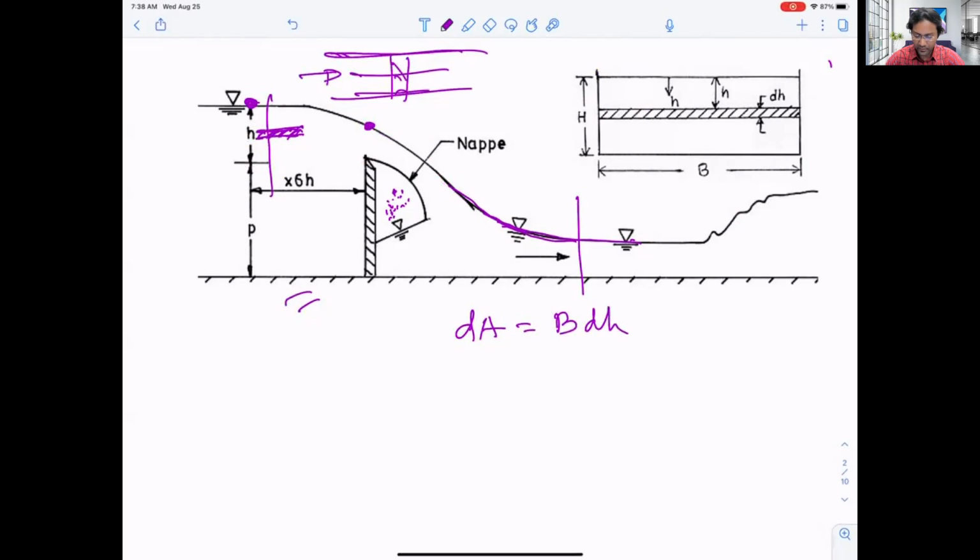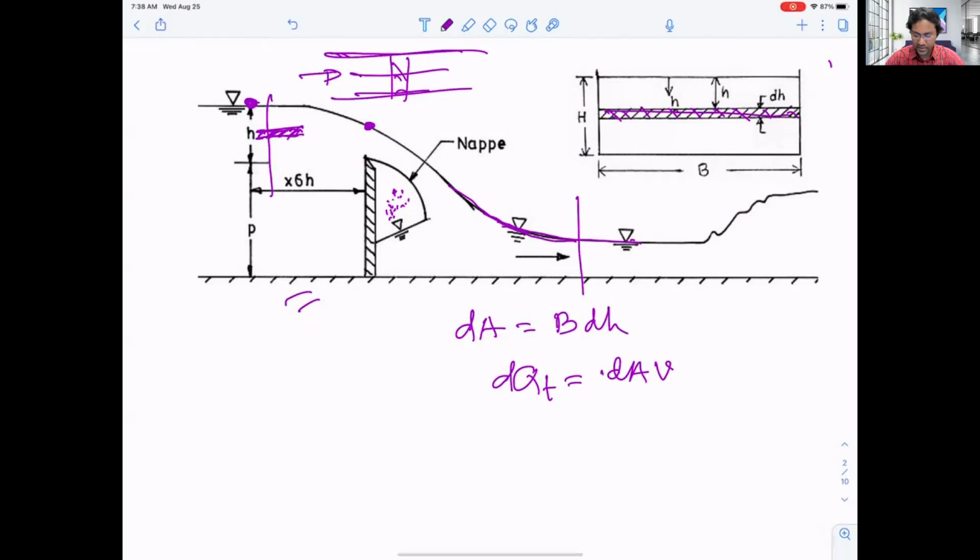So what will be the flow rate through this small strip or slit? It will be dQ, because we are applying our theory here. That is dQ, the infinitesimal discharge from an infinitesimal cross-sectional area. That has to be dA and V, right? This V through this section, that will be V.